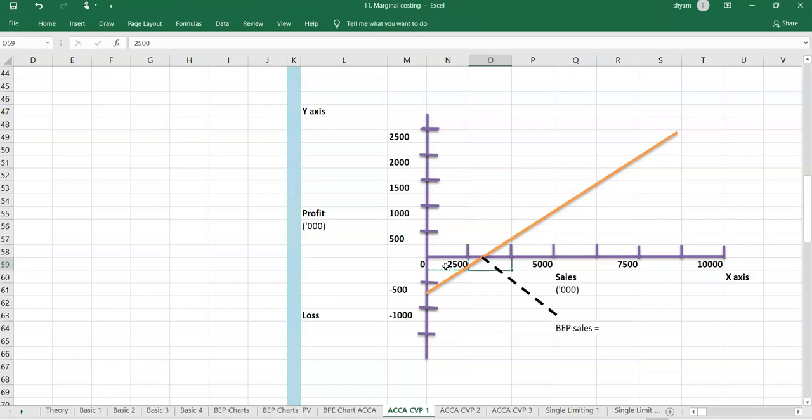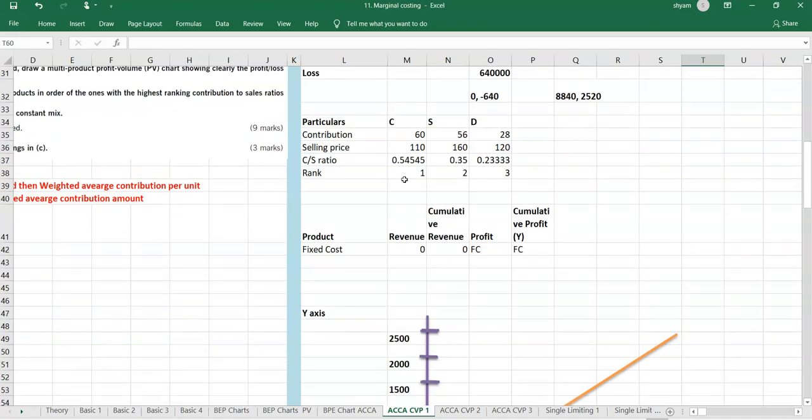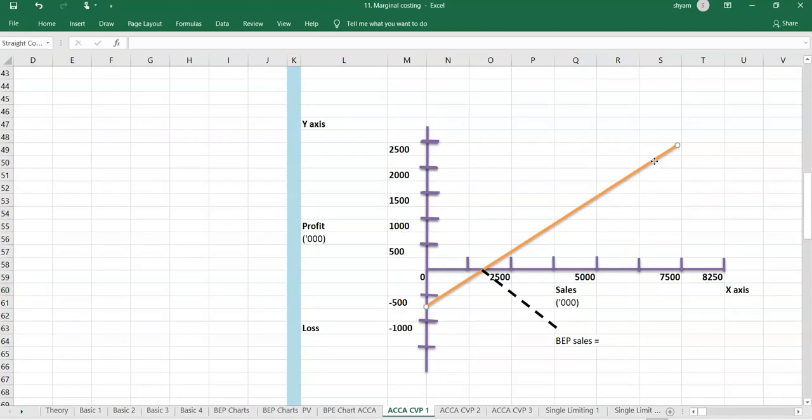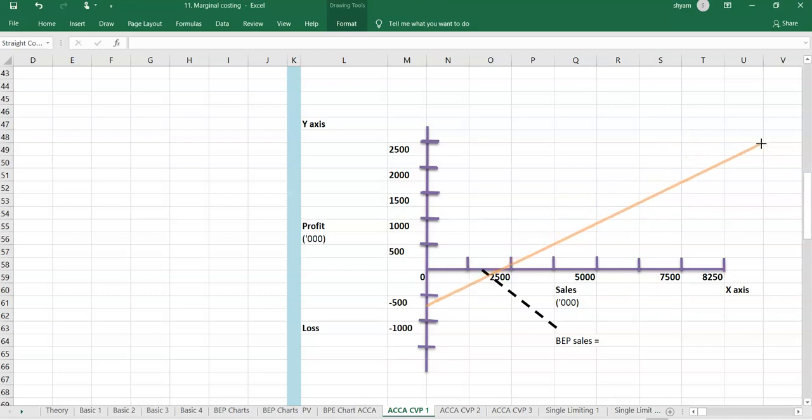Again we got the scale wrong. That seems to be the problem. This should be 25. Two more gap, this should be 75, and this point should be 8,250. Our coordinate point was 8,840, so I think it will go beyond our line.